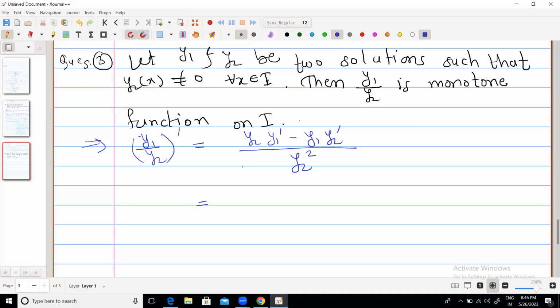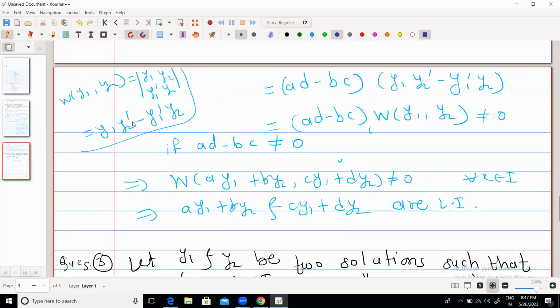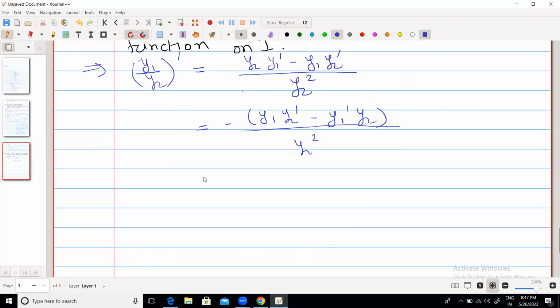Now, if we take minus outside of this bracket, we will see, now check y1 y2 dash minus y1 dash y2. This is nothing but Wronskian of y1 and y2.